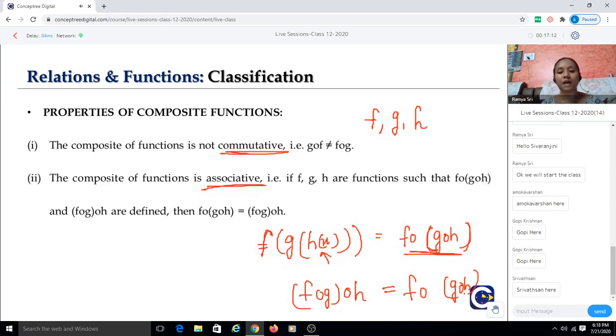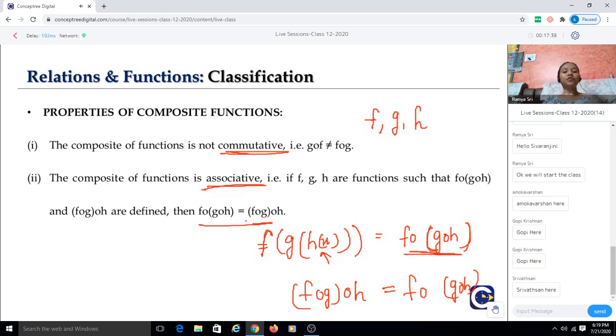If, for example, you're not aware of this associative law or commutative law related to our composite functions, and there is a question whether it's equal to or something LHS or RHS, then what you will be doing? You'll be substituting the function and checking whether it is satisfying or not, right?